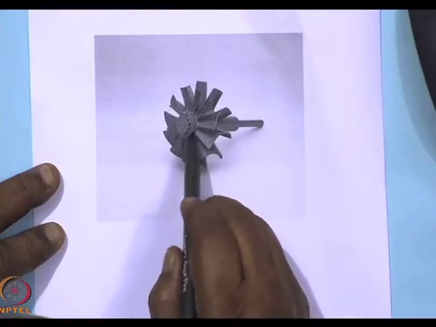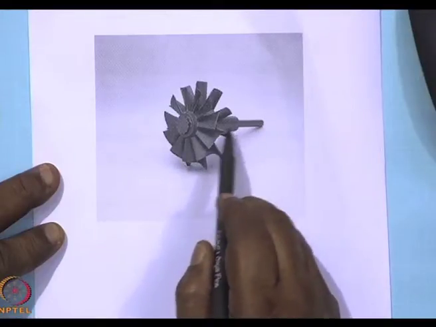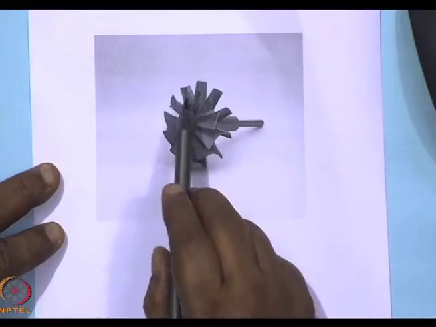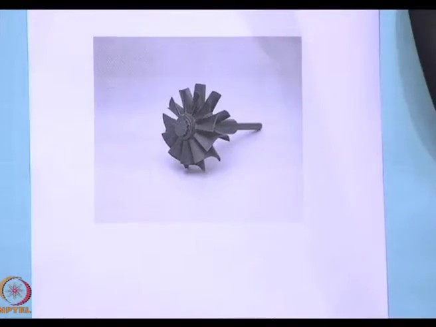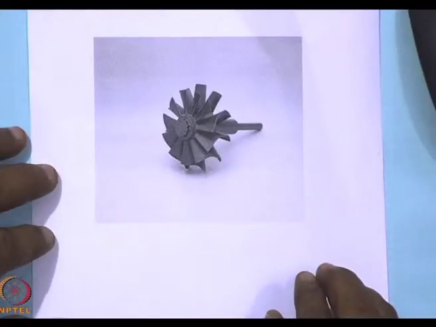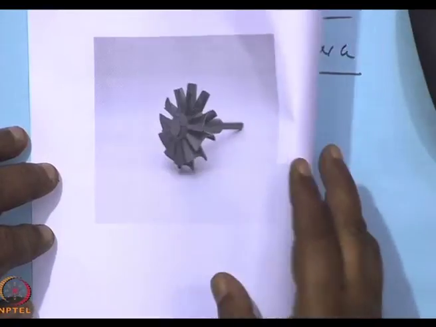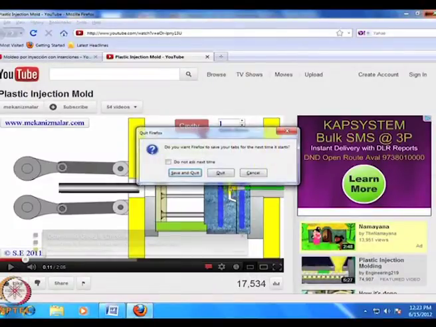The shaft here is thinner than the end, and there is a constant variation of the thickness. Such complex designs are possible by injection molding, but then one has to decide on the die design all over again. Anyway, so let us carry on with injection molding.